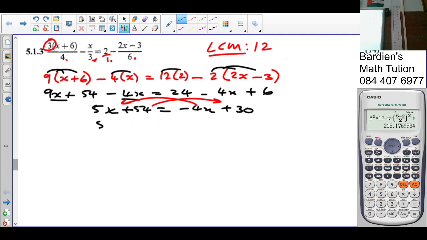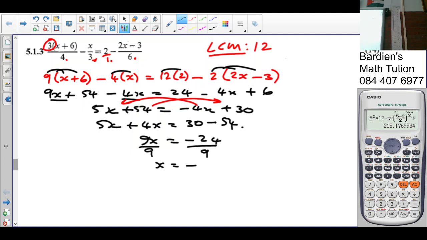Okay. So you got 5x plus 4x equals 30 minus 54. So what's 5x plus 4x? 9x equals? Divide by 9 both sides. So x is negative. 3 goes into here 8, 3 goes into here thrice. Is that correct? Yes. Okay.